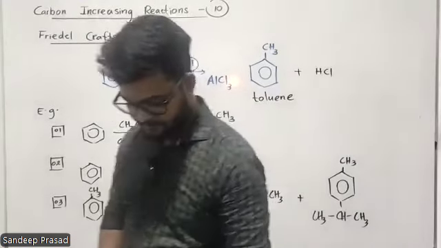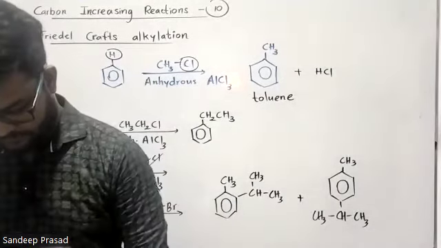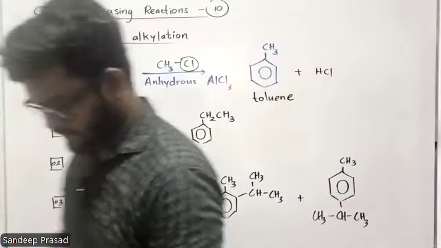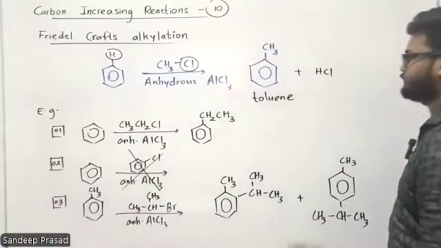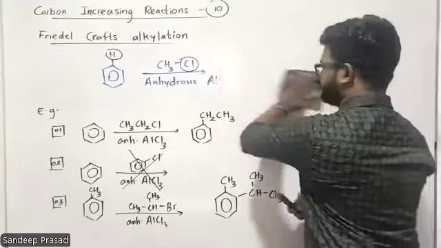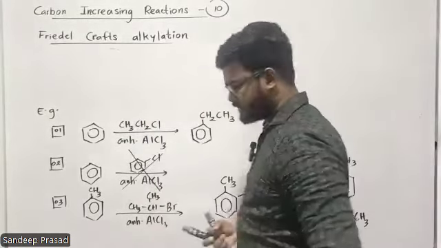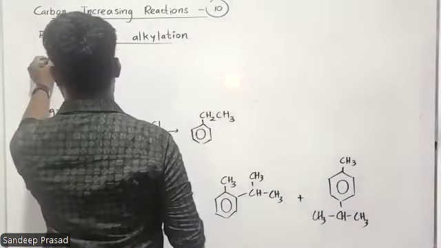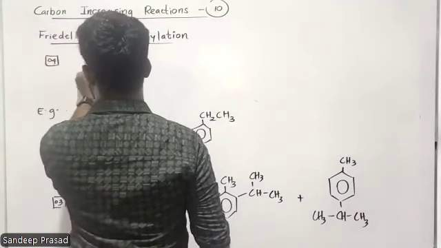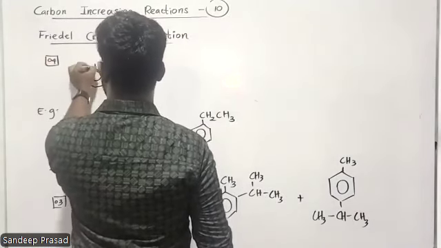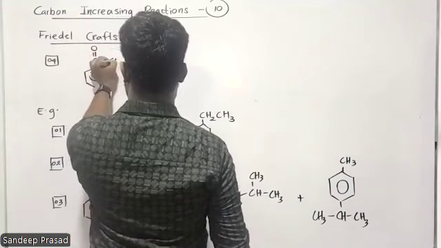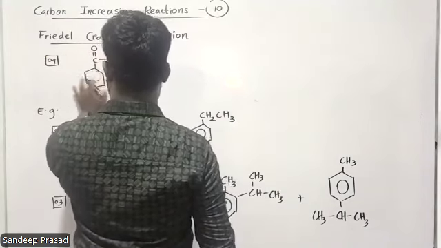Quickly come to this one. Example number 4. Just imagine we have this kind of a ketone, benzene, C double bond O CH3.